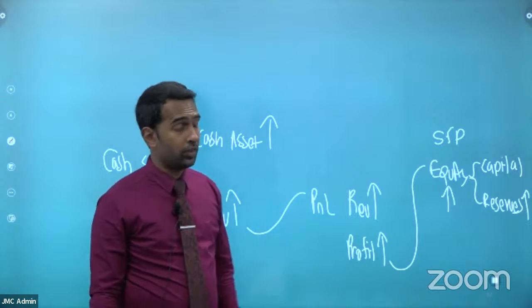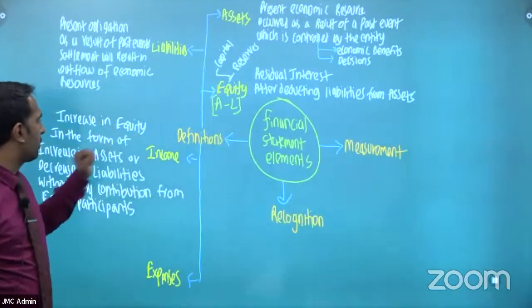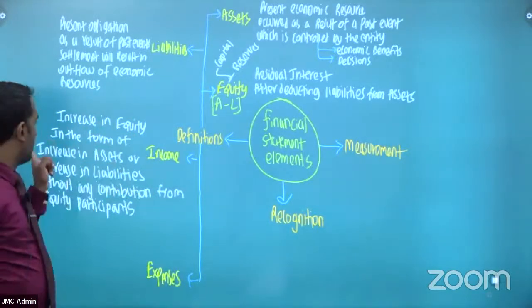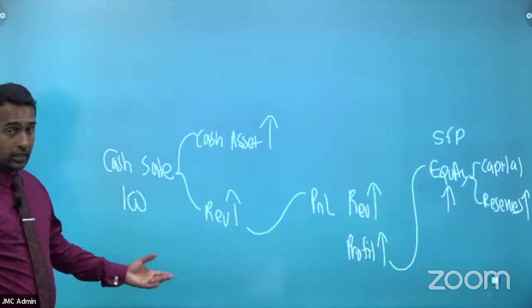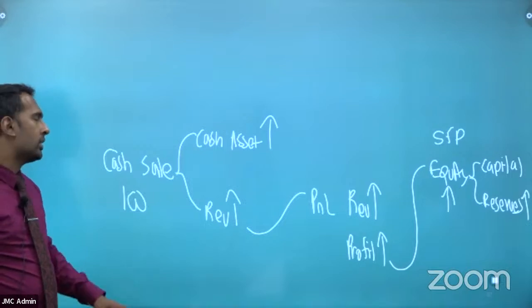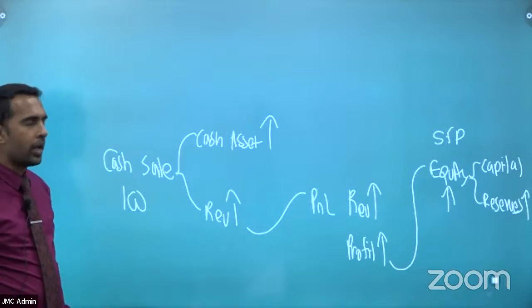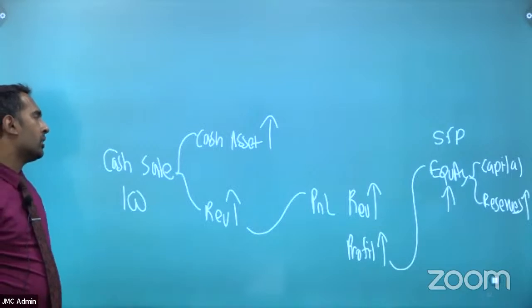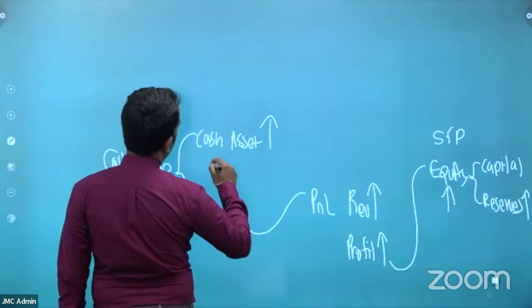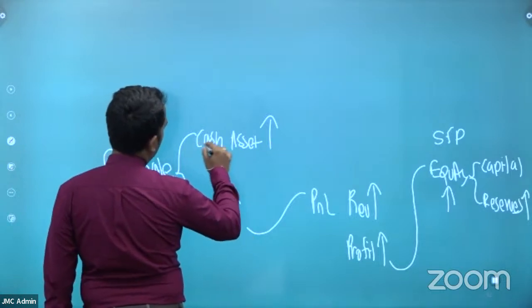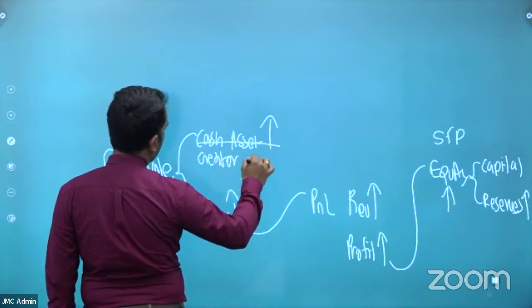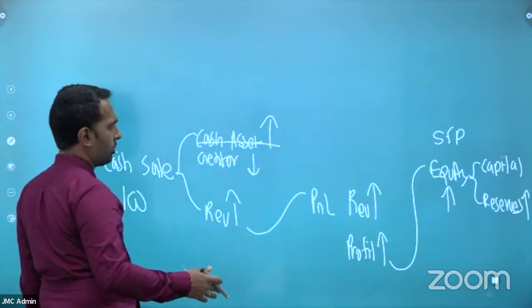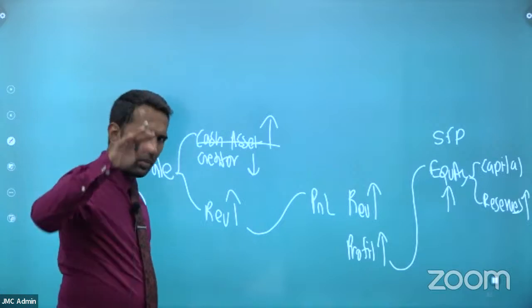Increase in equity in the form of an increase in assets. Here, the cash asset has increased. Or let's say we are making the sale to a supplier. The supplier is asking us to net it off against the liability. Instead of debiting the asset, we might debit a creditor. So because of the revenue, now my supplier balance is coming down.